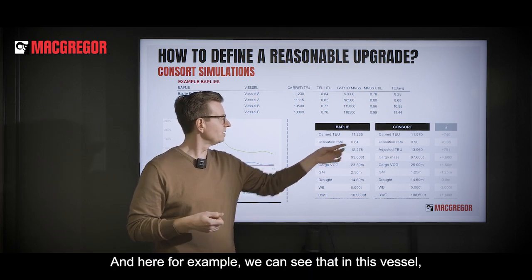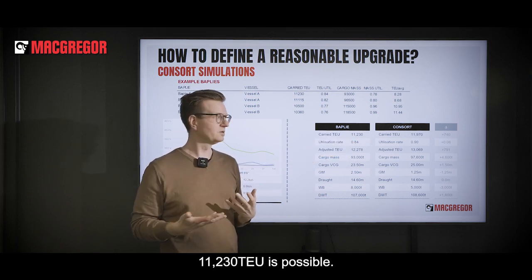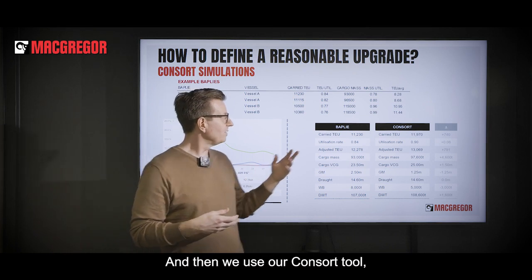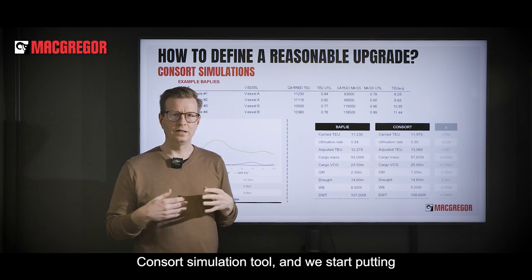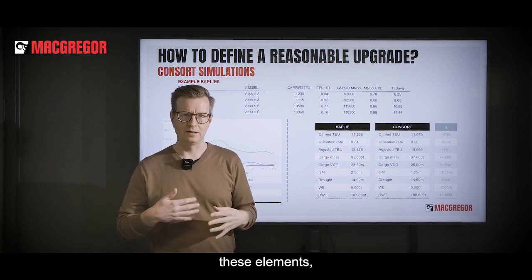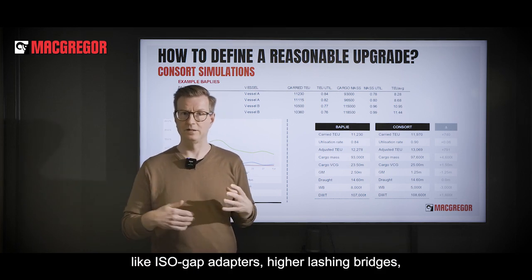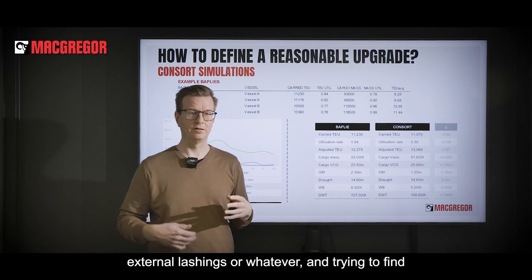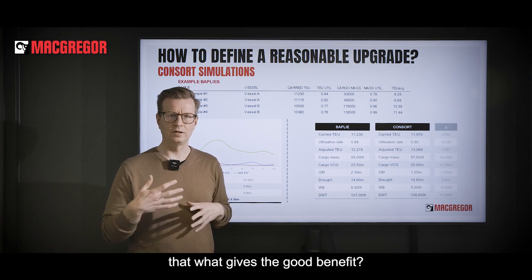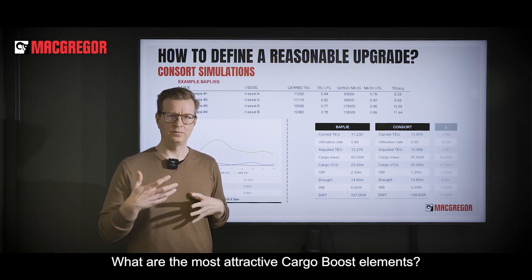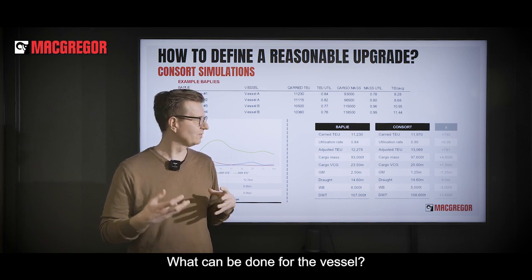And here, for example, we can see that in this vessel 11,230 TEUs is possible. Then we use our Consort simulation tool, and we start putting in the elements we were discussing in the last episode, like ISO cap adapters or higher lashing bridges or external lashing or whatever, and try to find what gives the good benefit, what the most attractive cargo boost elements are, what can be done for the vessel.